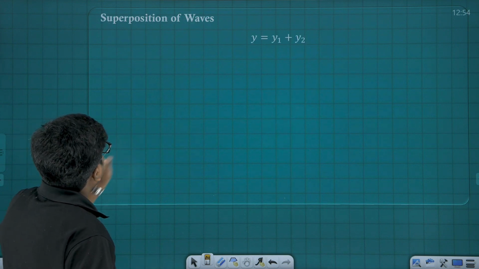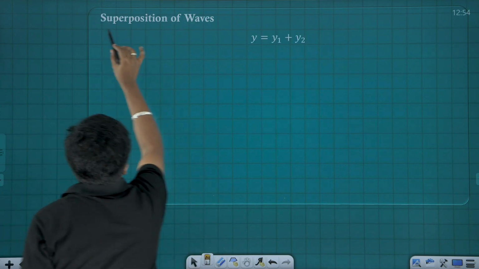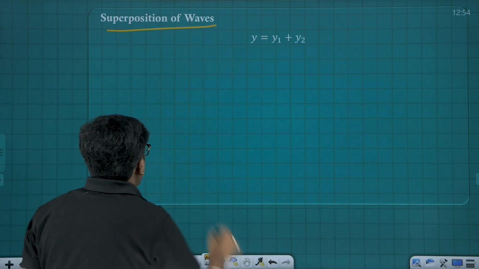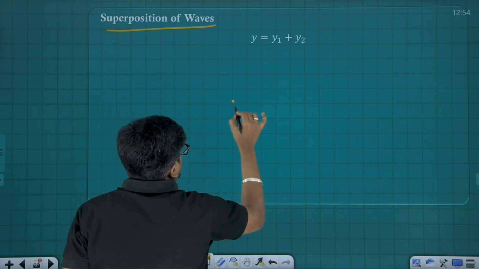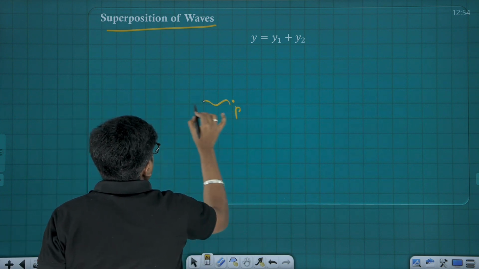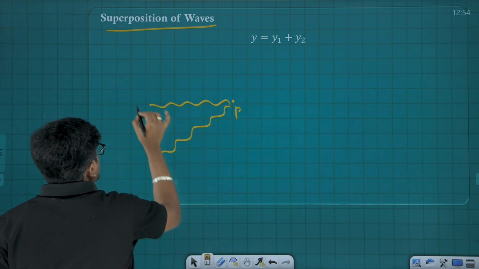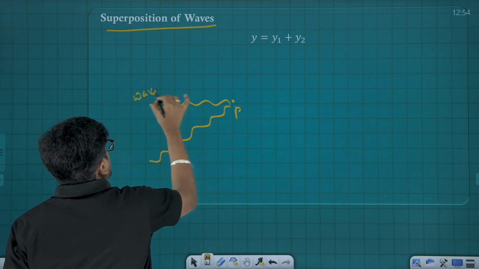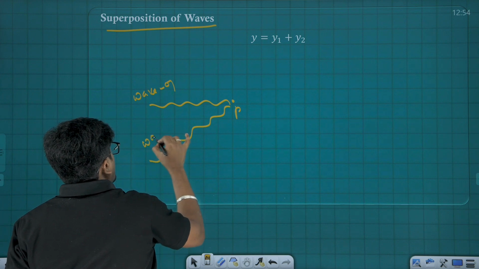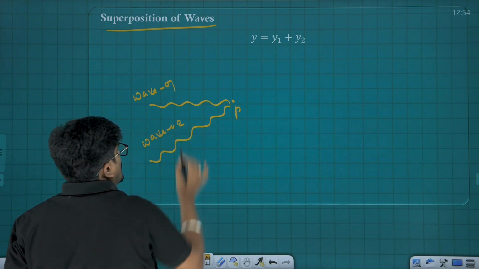Okay. Now, next is superposition of waves. That means if I have a point P here, wave number 1 is reaching here and wave number 2 simultaneously reaches here. So here this is wave number 1 and here this is wave number 2.